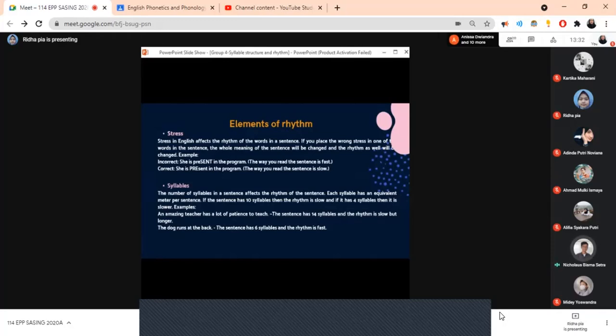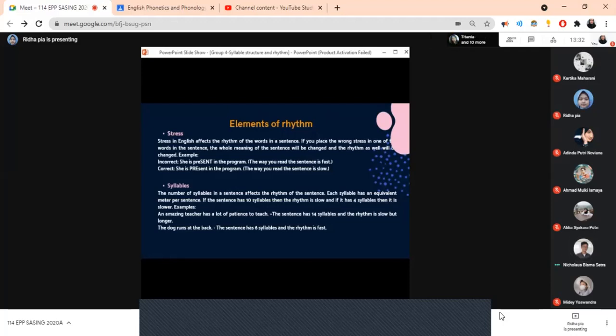And the second one is syllables. The number of syllables in a sentence affects the rhythm of the sentence. Each syllable has an equivalent meter per sentence. If the sentence has 10 syllables, then the rhythm is slow, and if it has 4 syllables, then it is faster.